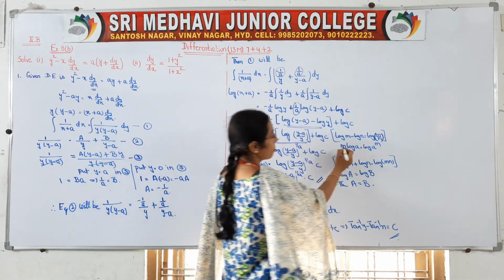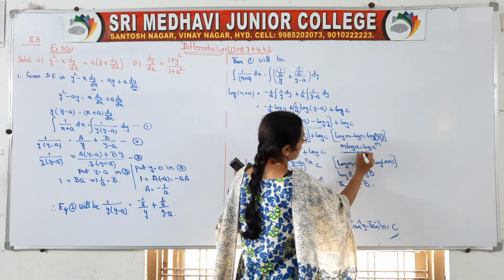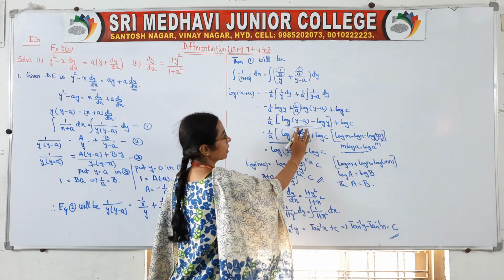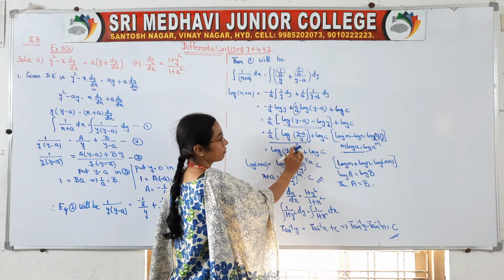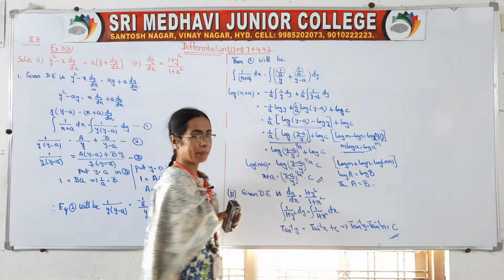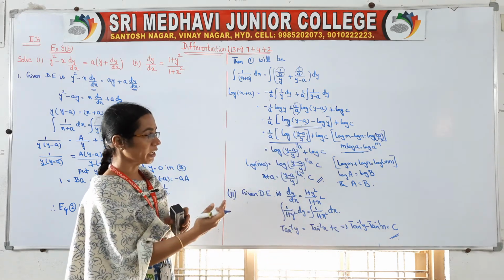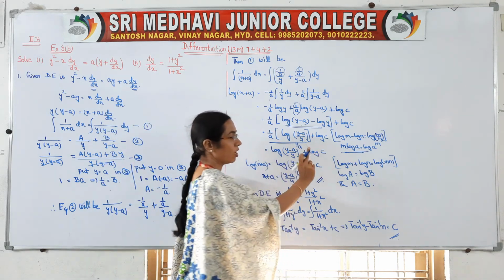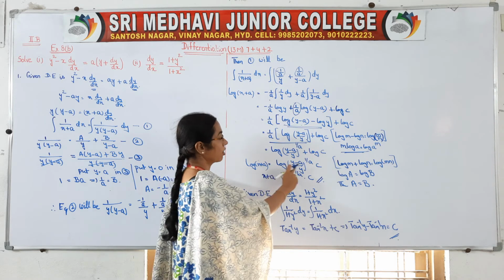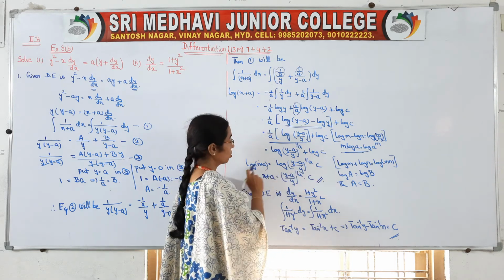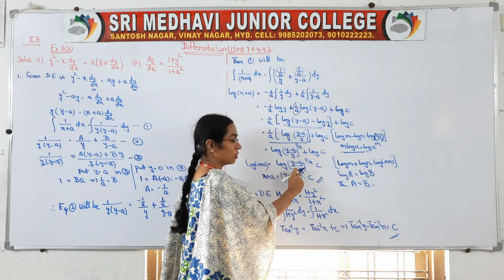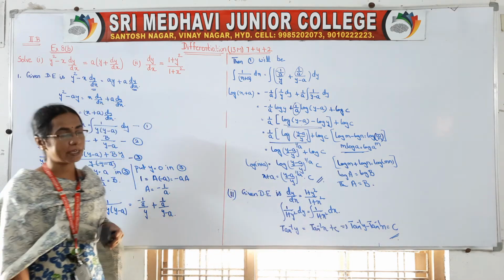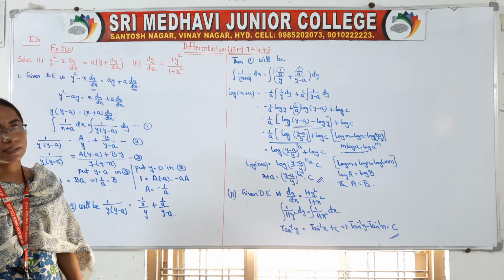Whenever it is m into log a, we can write that as log a to the power of m. So you consider this as log of a to the power of m, plus log c. Again it is of the form log m plus log n, isn't it? Log m plus log n is log of m into n, so we have to write log of m into n. So now log of this is equal to log of this. If log a is equal to log b, a is equal to b. So that is our answer.